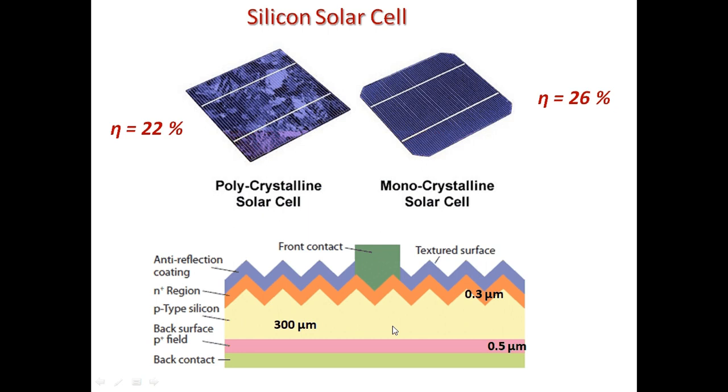That means the light absorbed by silicon is very little. It requires a very thick material for all the radiation to be absorbed, and that's the reason you use a thick silicon solar cell, which is a drawback, because you are using a large amount of material to develop this solar cell. 300 micrometers is quite high.